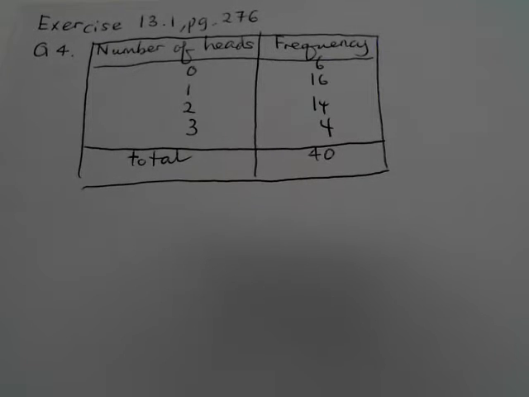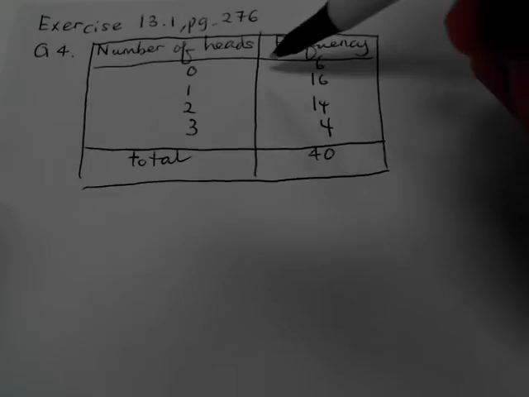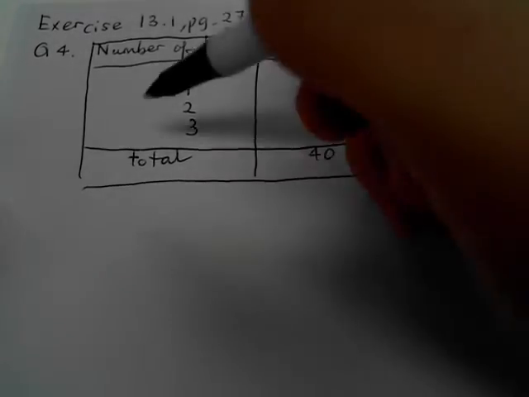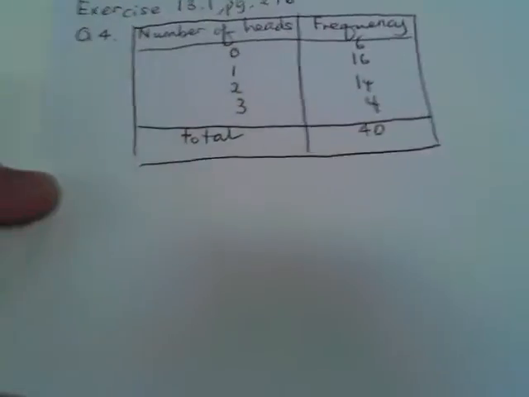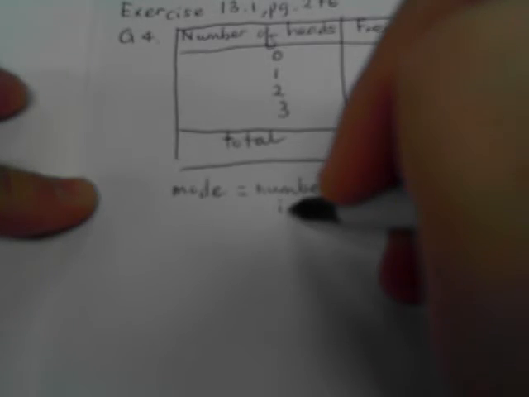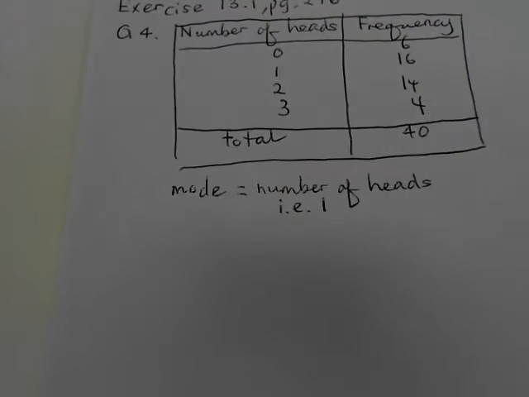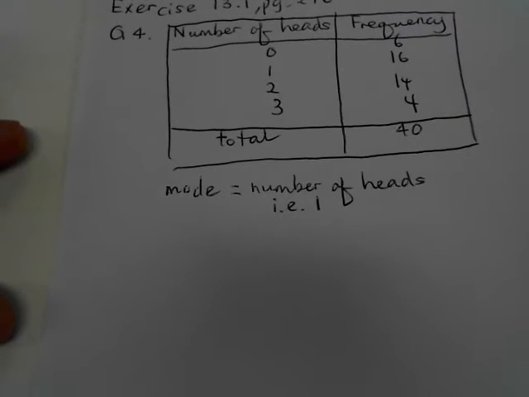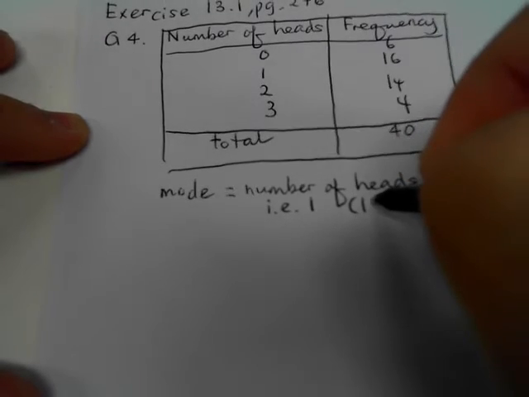The mode is the value which frequently appears. 16 is the frequent one, but in terms of the mode, we say the number of hits is 1, with the frequency of 16.